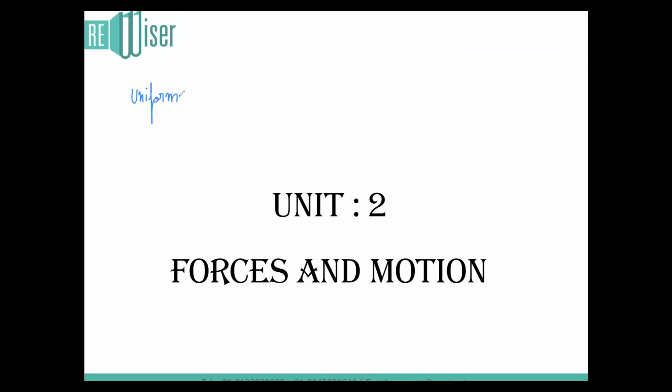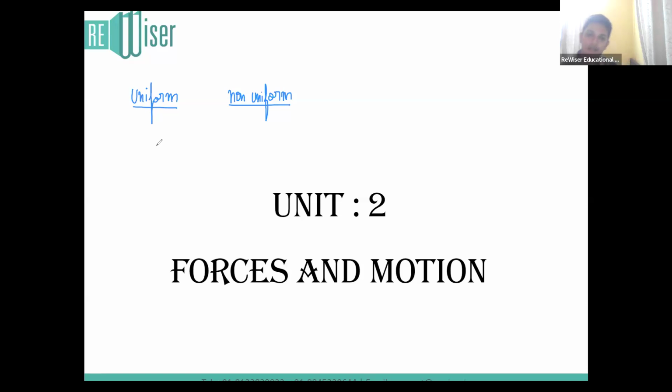When talking about speed, if an object is traveling equal distances in equal intervals of time, it's said to be moving uniformly. Okay, correct. Then what is non-uniform motion?